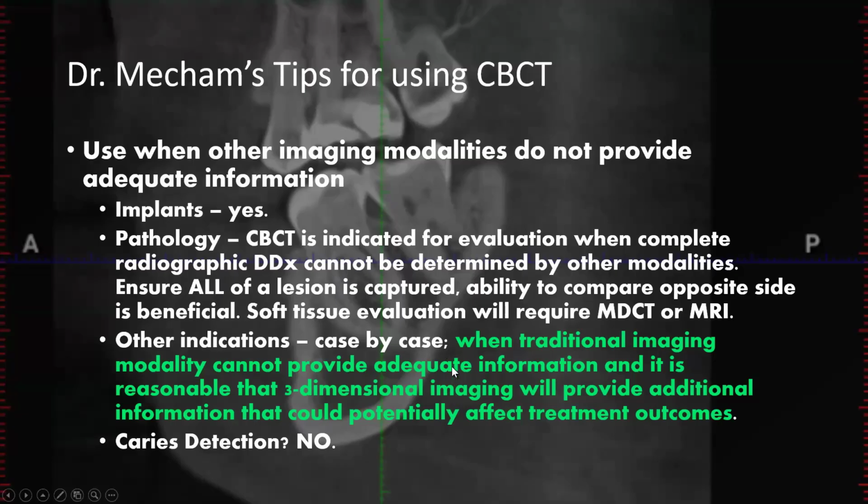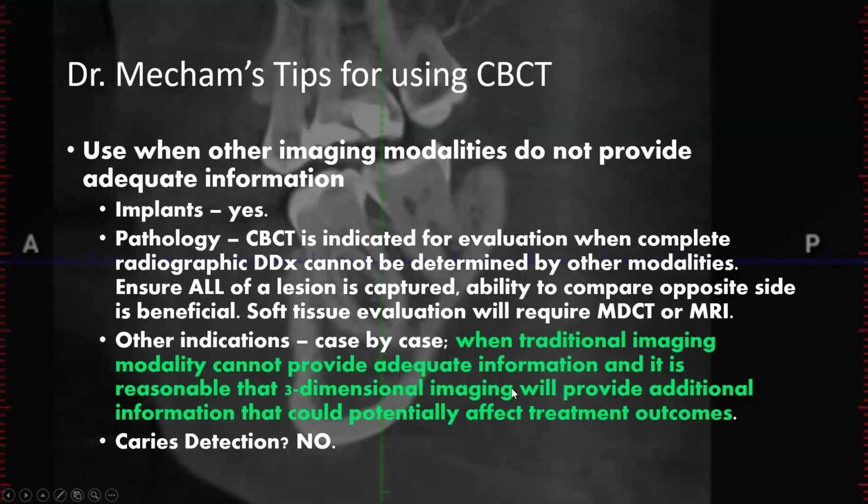If it's a more severe case of cemento-osseous dysplasia though, if it's florid and it's expanding and it's really involving the teeth, you might want to do a CBCT. But yeah, anytime when the traditional imaging is not providing adequate information. This applies for pathology as well as anything else. And this in green sums it up.